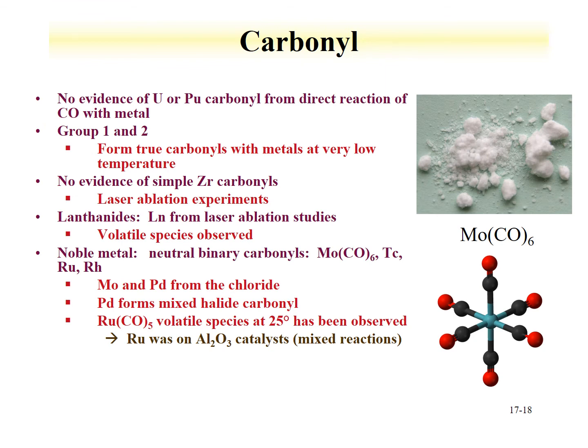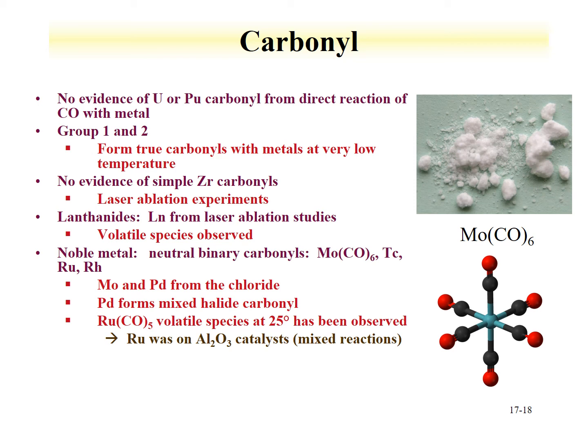As an example, this can be used with metallic fuel for some separations with molybdenum. Molybdenum carbonyl can be formed. It's a volatile compound. There's no evidence of uranium and plutonium carbonyl from direct interactions of carbon monoxide with the metal. Group 1 and 2 elements, they form carbonyls with metals at very low temperatures.